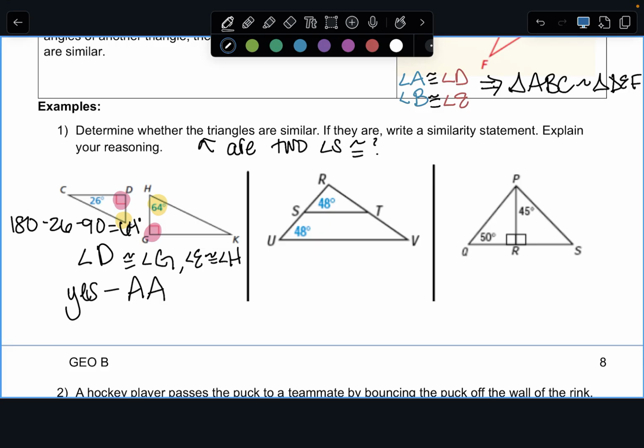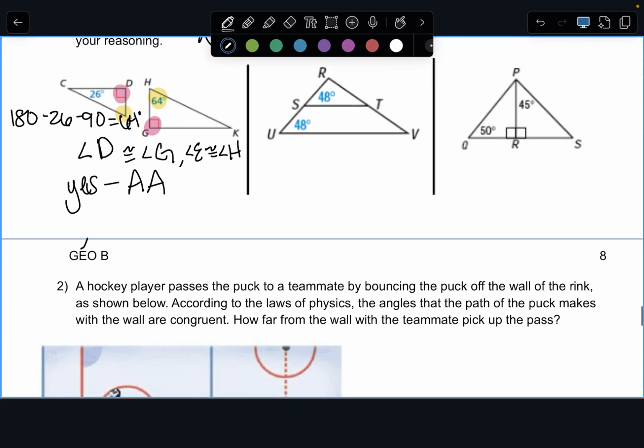Remember our letters, A stands for angle, so this means we have at least two congruent angles. So let's write a similarity statement now. Let's do triangle CDE.